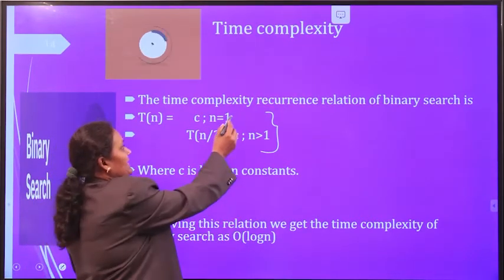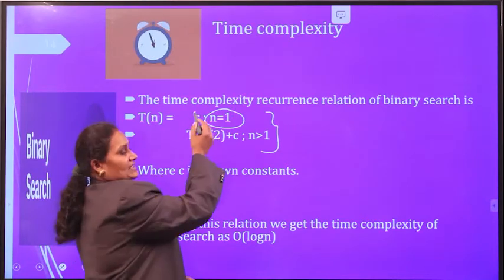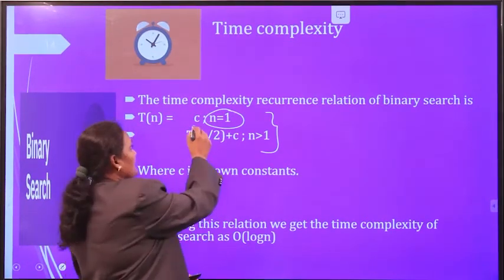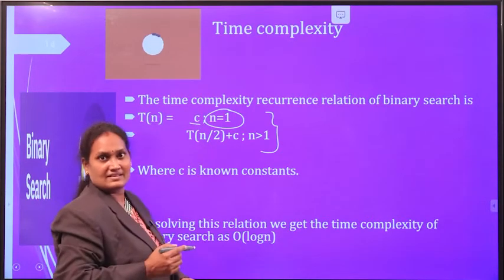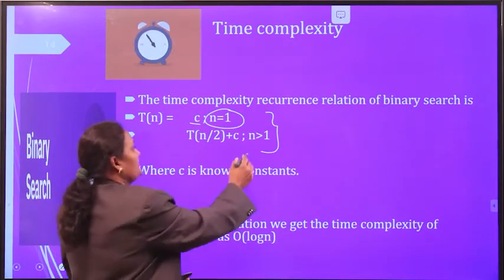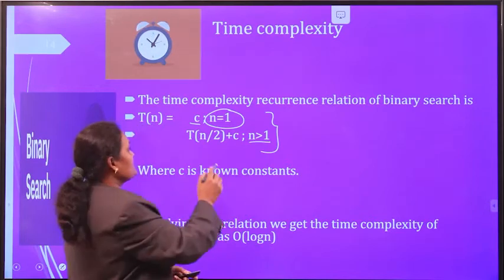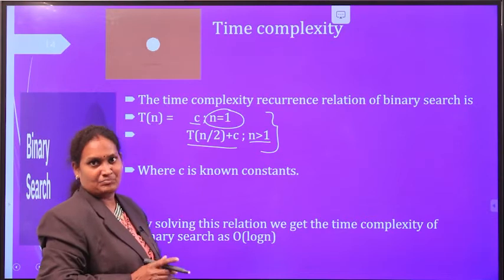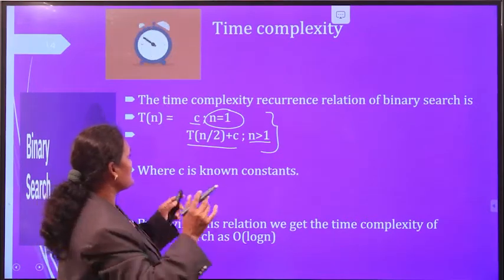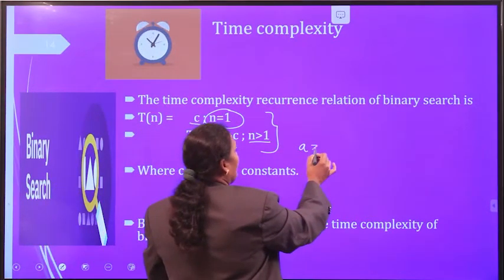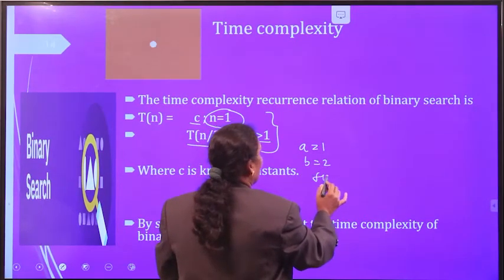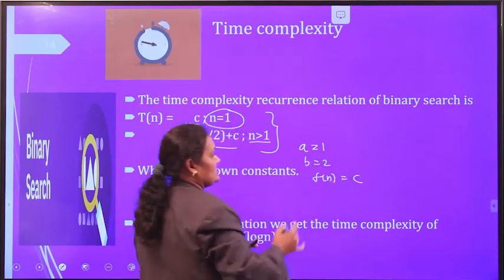So if n is equal to 1, that is, if the given array contains only one element, the time complexity can be represented with C, a constant. If n is greater than 1, then its time complexity can be represented as T of n by 2 plus C. Now let us see how we are representing the values of a as 1, b as 2 and f of n as C.